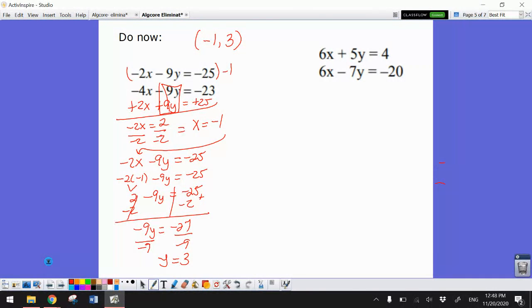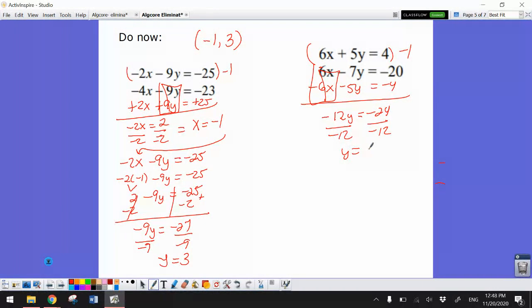Okay, this next one, same thing. Multiply by -1: -6x, -5y, and a -4. My x's are going to go away. That gives me a -12y and a -24. Dividing by the -12, I come up with y equals a positive 2. And this one, thankfully, has lots of positives.